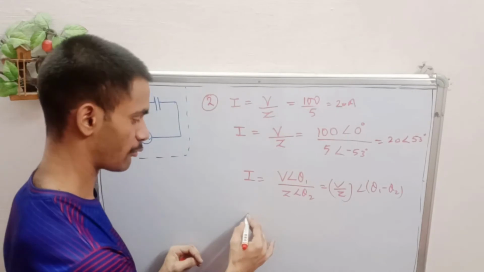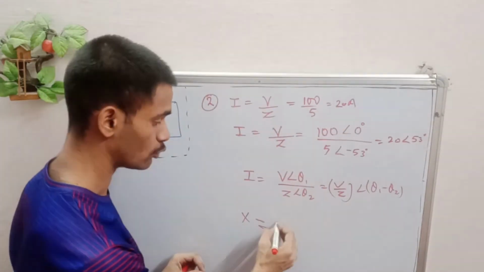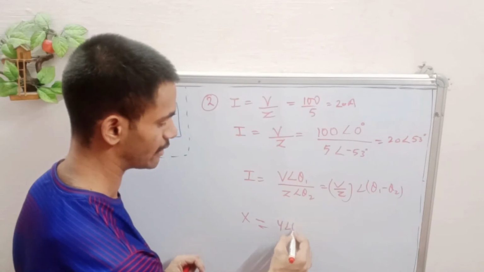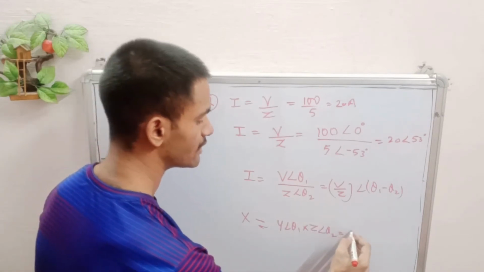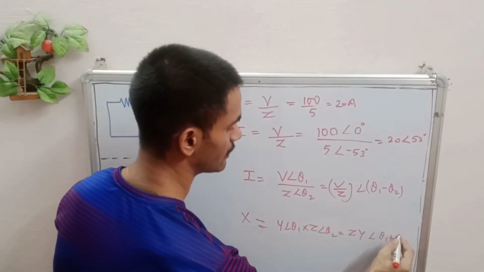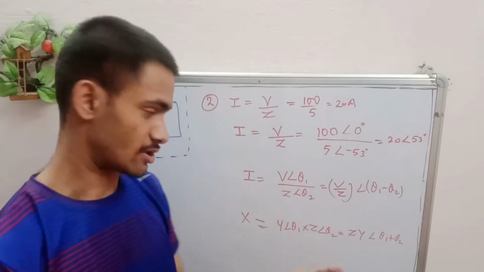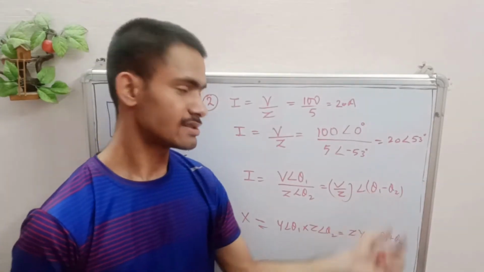And suppose some quantity X is equal to Y at an angle of theta 1 times Z at an angle of theta 2. In this one you will get YZ at an angle of theta 1 plus theta 2. So in multiplication these two angles get summed up, and while dividing this is the form.